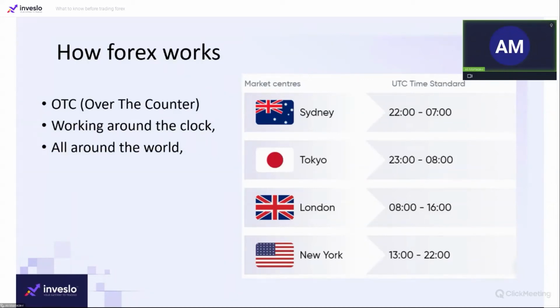So we assume that's a fair price for gold, and the only thing that we do in Forex is that we don't need to buy physical gold if we think the price of gold is going to rise.